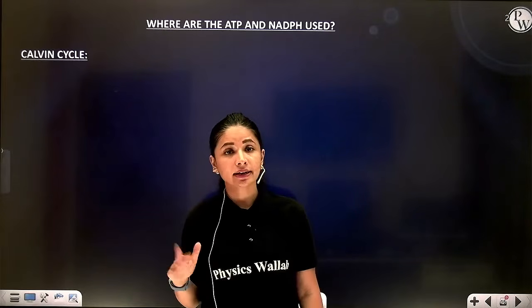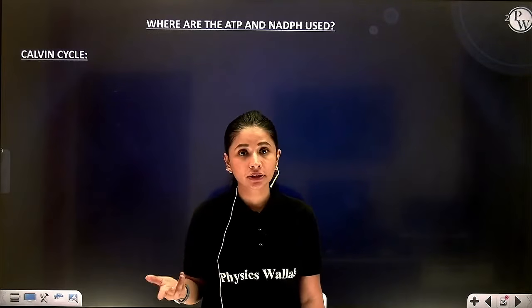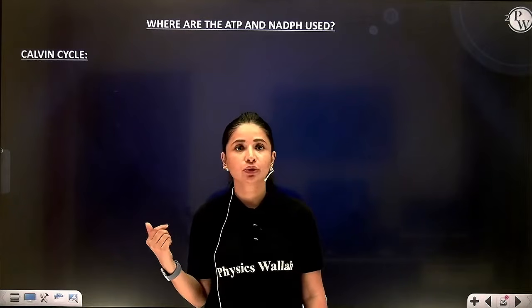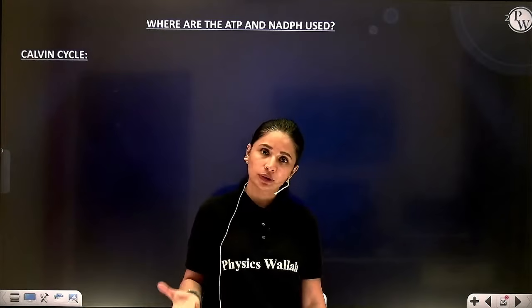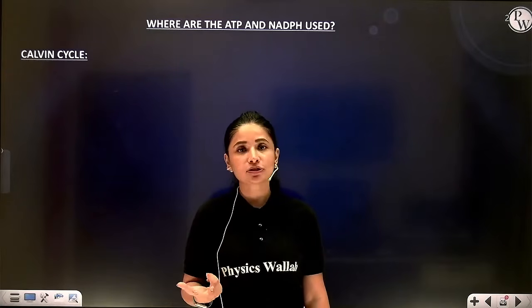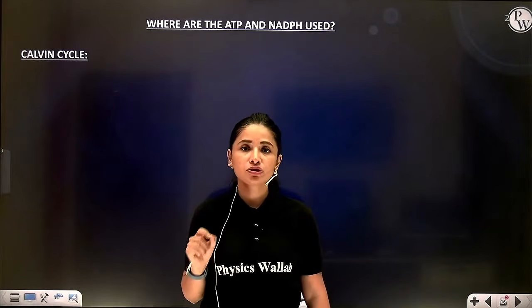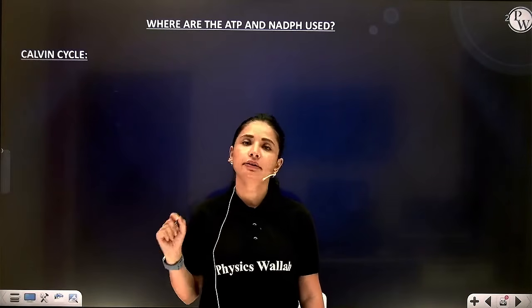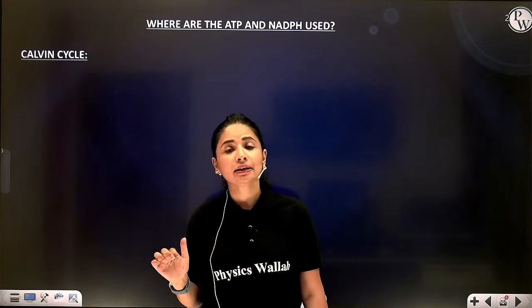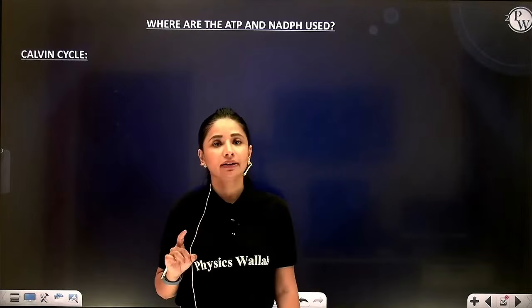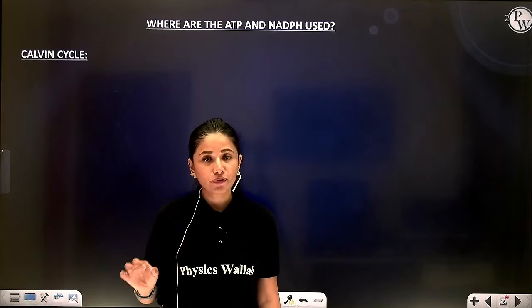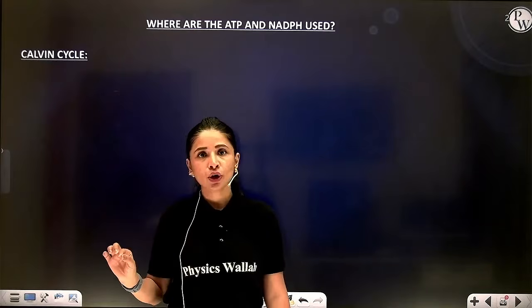So don't think that if I'm talking about dark reaction, that means it is going to take place during night. No, even dark reaction is going to take place only during day. Simply it is called dark because it is not directly light driven. It is light independent. However, it utilizes the product of light reaction in order to fix CO2 into glucose.